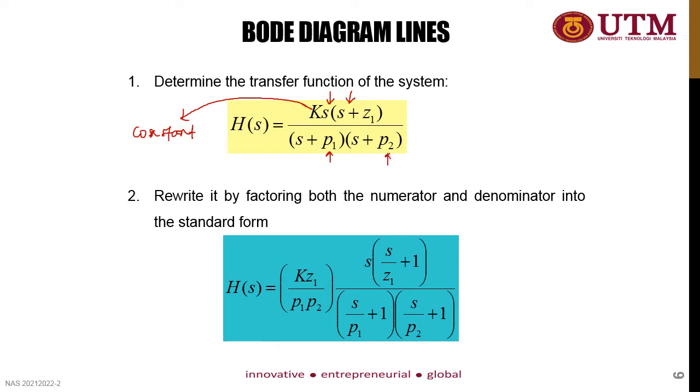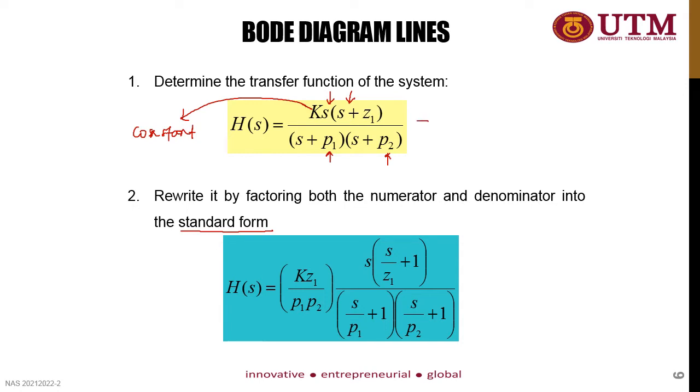Okay, so once you have the transfer function, you need to rewrite it in standard form. What does standard form mean? It means that you need to separate the transfer function into components.